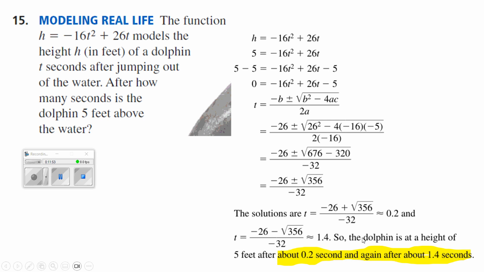Now, so the dolphin is at a height of 5 feet after about 0.2 seconds, and again after about 1.4 seconds. And if you're wondering how that's possible, just remember we're talking about a dolphin here. So it's reaching a height and then coming back down, right?